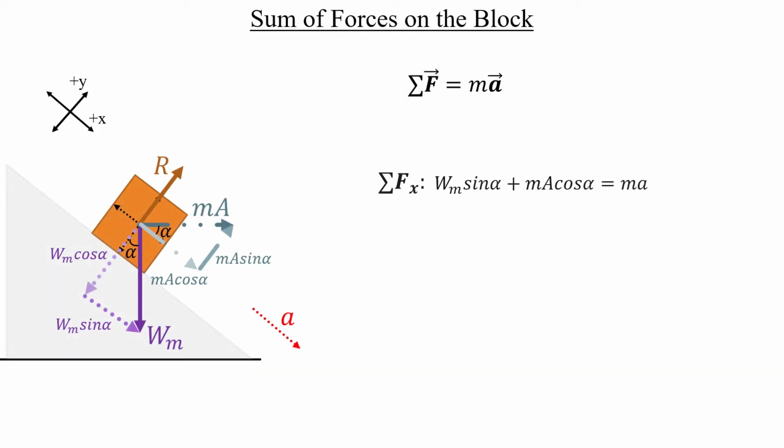For the block, our x sum will have contributions from the weight and the fictitious force that we included, and we can also exchange the weight term with mg and remove the mass entirely from everything here, because there's an m in all terms on both sides.